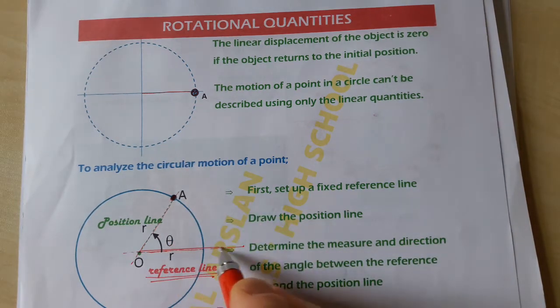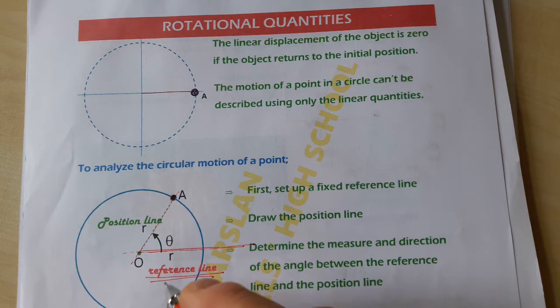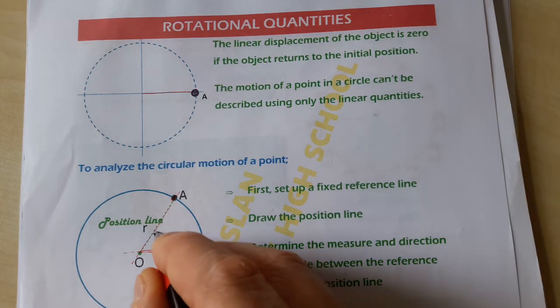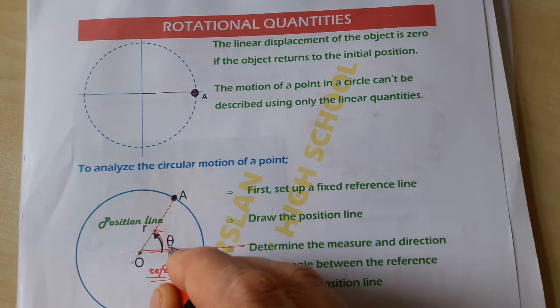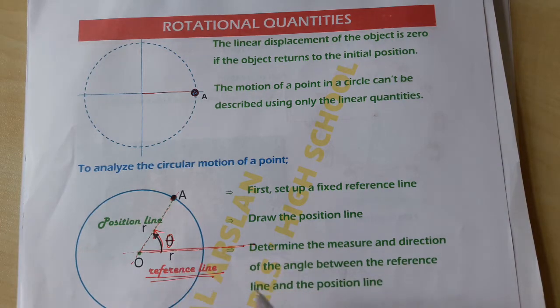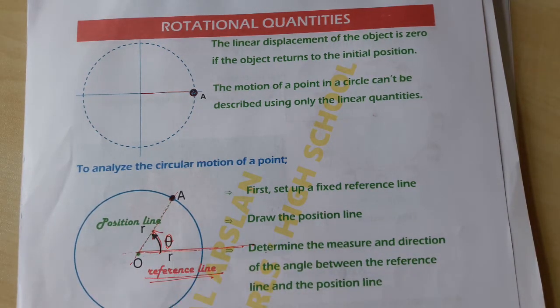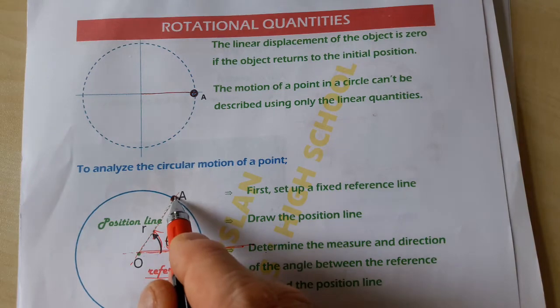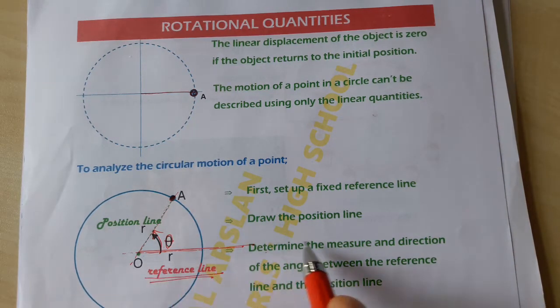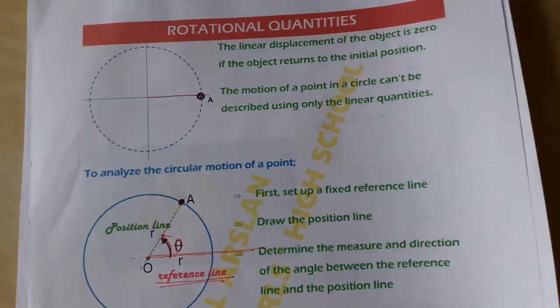This is the reference line according to which we are going to define the position. The angle between these two lines will be the angle for position, the measure of the direction of the angle between the reference line and the position line. So this angle is the position of point A with respect to that reference line.